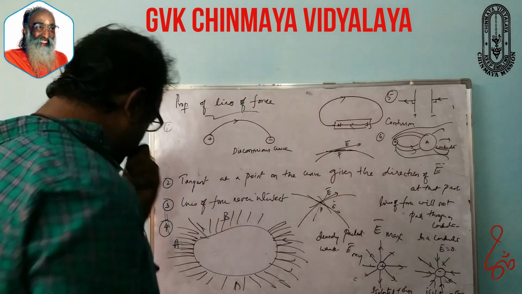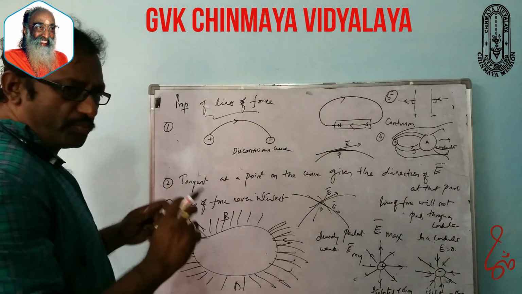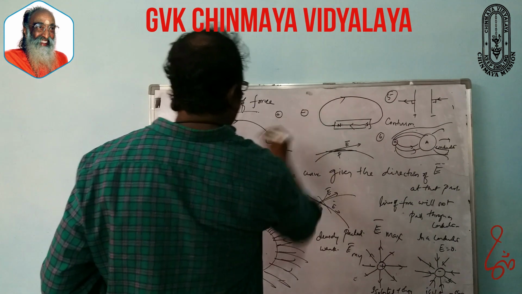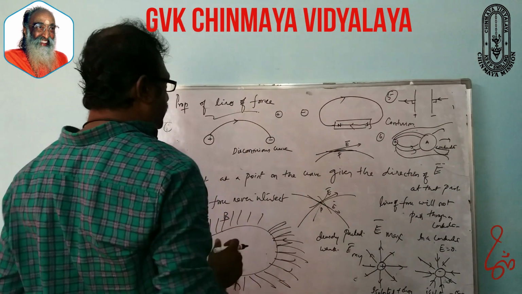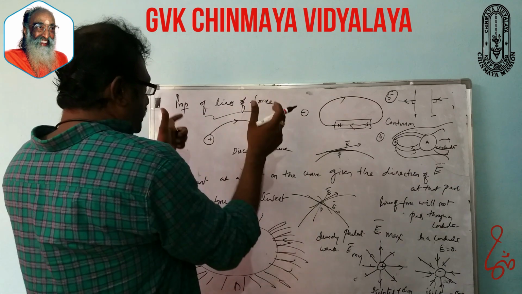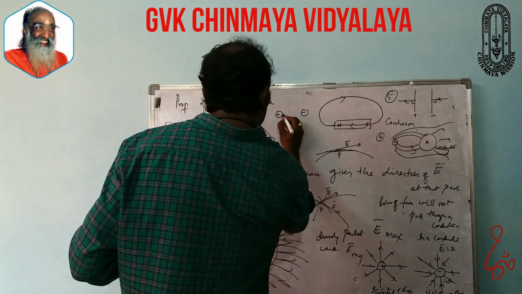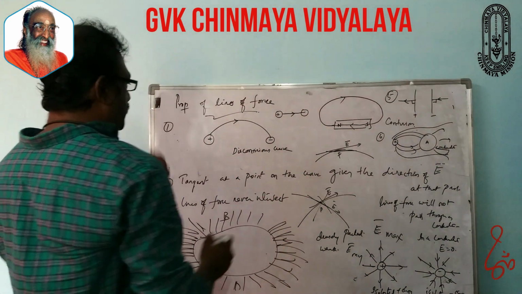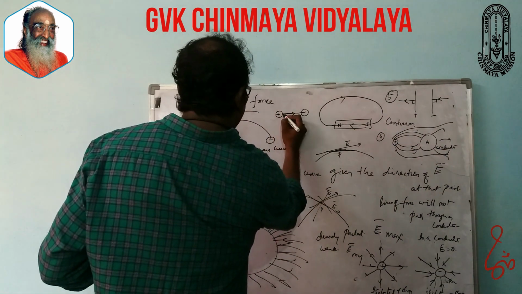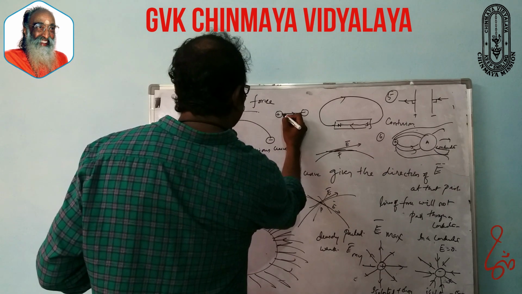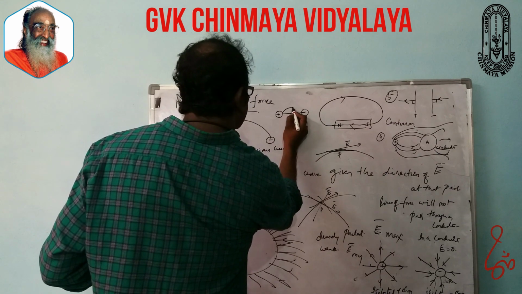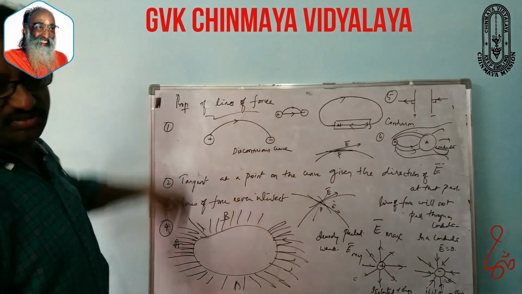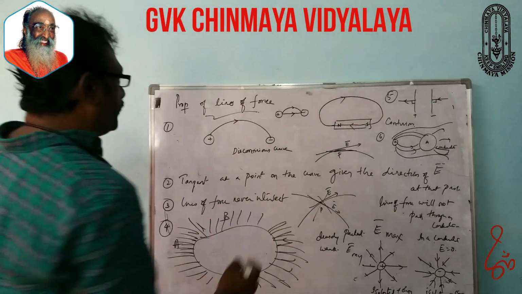Okay, and we take the lines from positive to negative. So two charges are there here. If you want to show the lines of force, they move first in this direction, and the next one here cannot come close to this. Always they are pushed apart, that means they extend sideways.